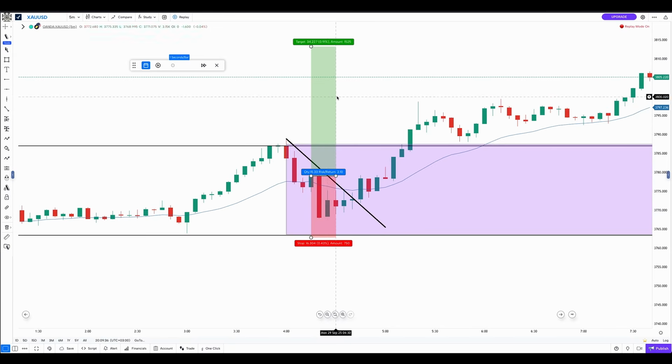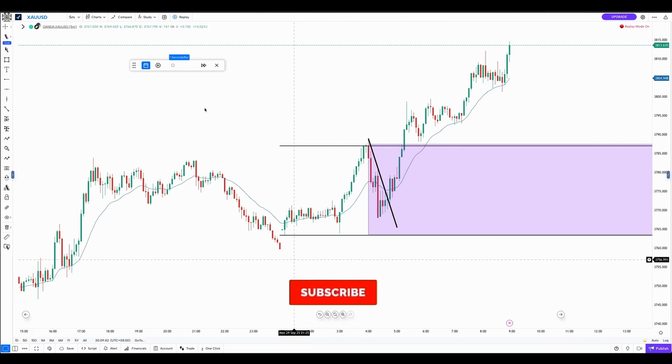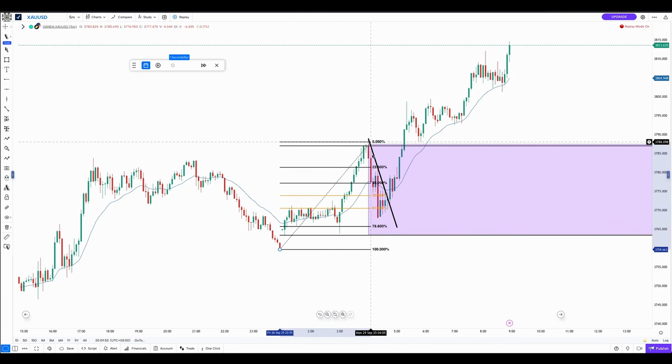If you don't want to use the trend line, you can also use a Fibonacci. Since this is an uptrend, you draw it from the most recent low, which would be this one here, to the most recent high, this one here, before this pullback.